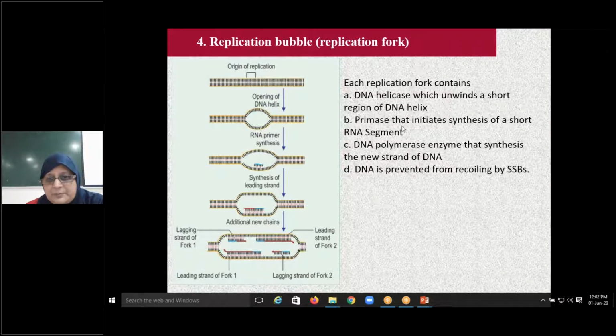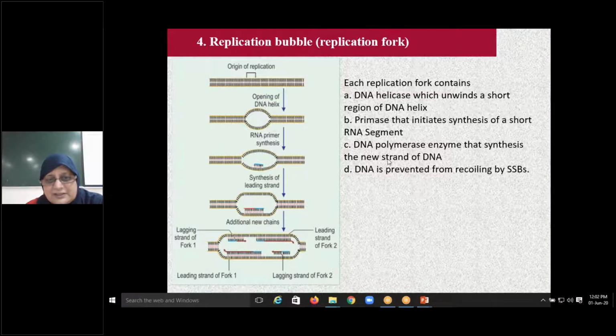Then you need primase that initiates the synthesis of a short RNA segment. So again, you'll require primase for this strand, and you'll require primase for this strand too, which will synthesize a short RNA segment that is known as the primer. Then DNA polymerase enzyme synthesizes the new strand of DNA.